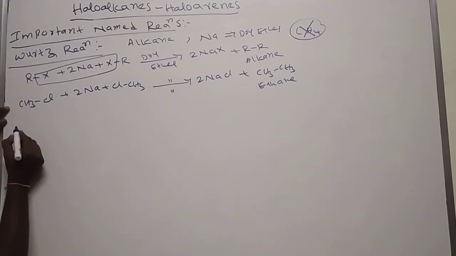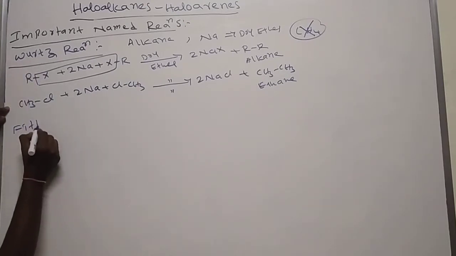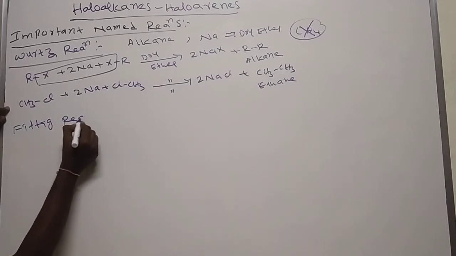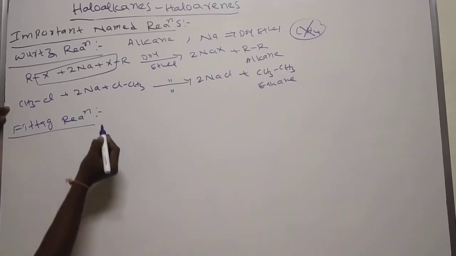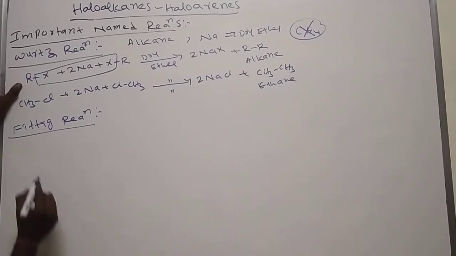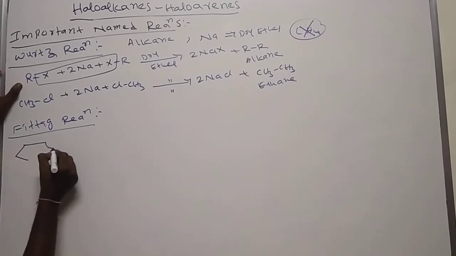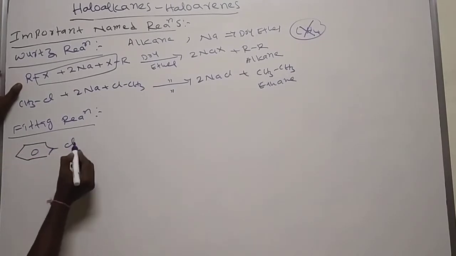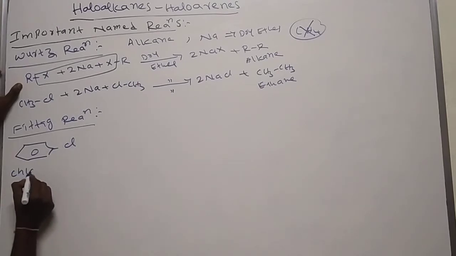And then in continuation, we'll see the Fittig reaction. The Fittig reaction is also the same. Sodium metal we are using here. Instead of alkyl halide, here we are using aryl halide. You take aryl halide, this is the phenyl halide or chlorobenzene.